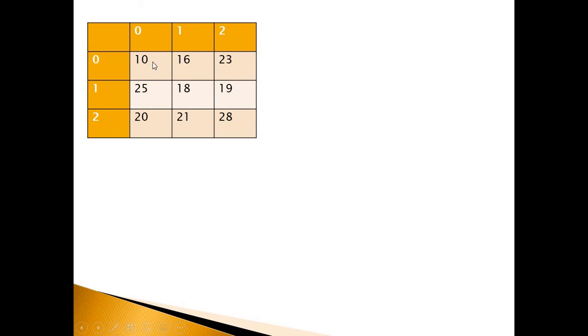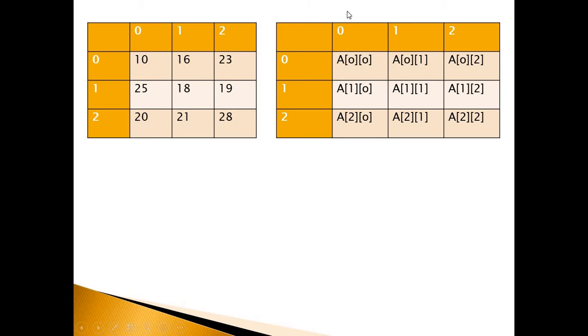To fetch these individual values, we require two subscripts. To access the first element in the array, we use the subscript A00, that is 0th row and 0th column.